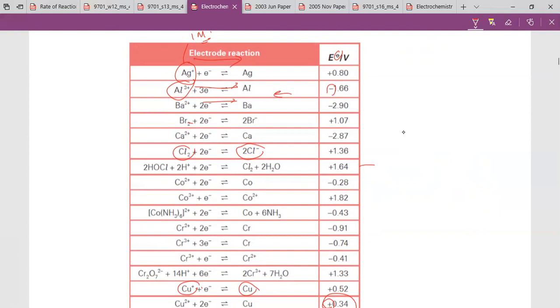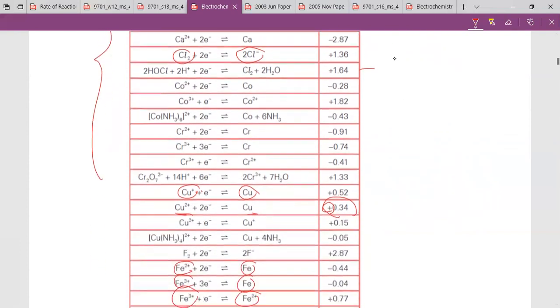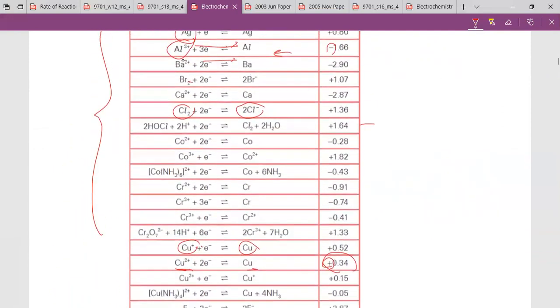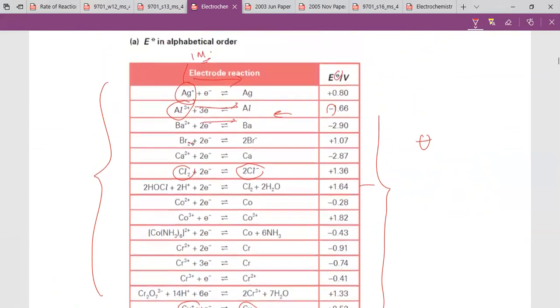Okay, so all this is called standard electrode potential. They call these half cells because there are two cells: one must be hydrogen, the other is a test electrode. All these are called test electrodes, compared to hydrogen under standard conditions, and they give these readings. This is a recording of all the experiments done.